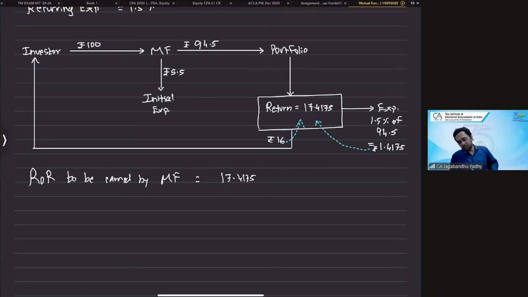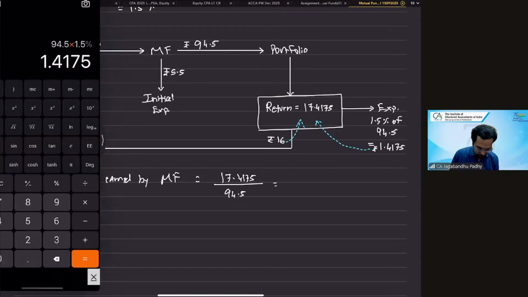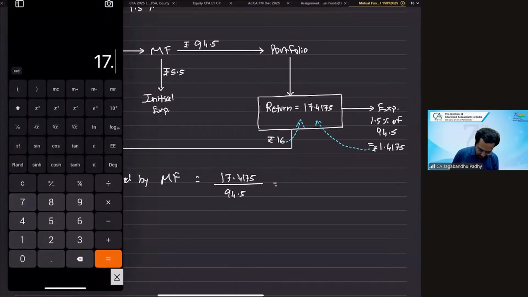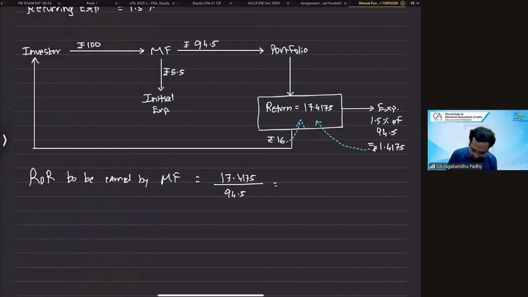Out of the 17.4175, you are going to pay 16 to the investor and 1.4175 for its own expenditure. This has to be earned on an amount of 94.5. So 17.4175 divided by 94.5 is 18.43%.